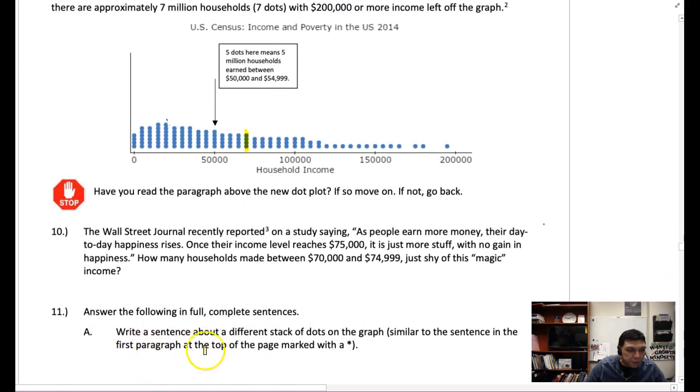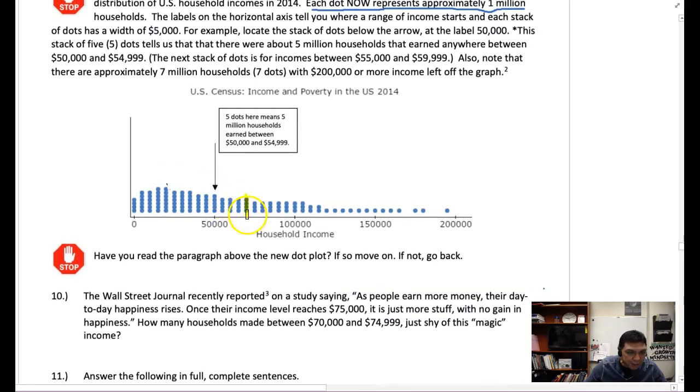Here's the first situation, number 10. There's a study that says that when you make $75,000 or more, there's no gain in happiness in your life. So how many households made between 70 and 74,999? You have to read this. I've highlighted the set of dots that represent that number.